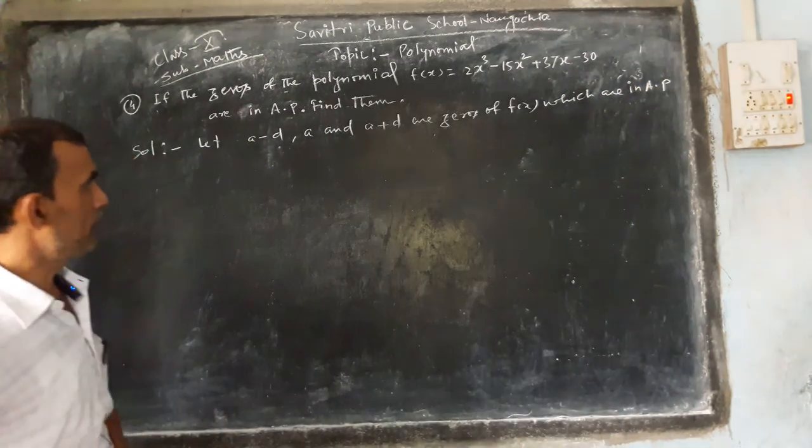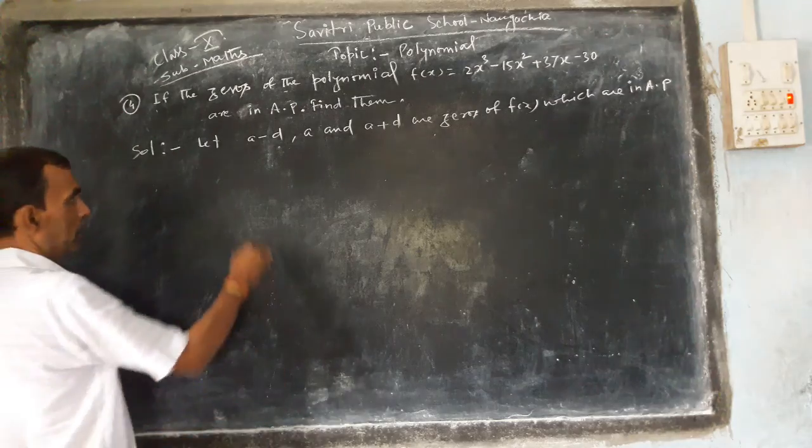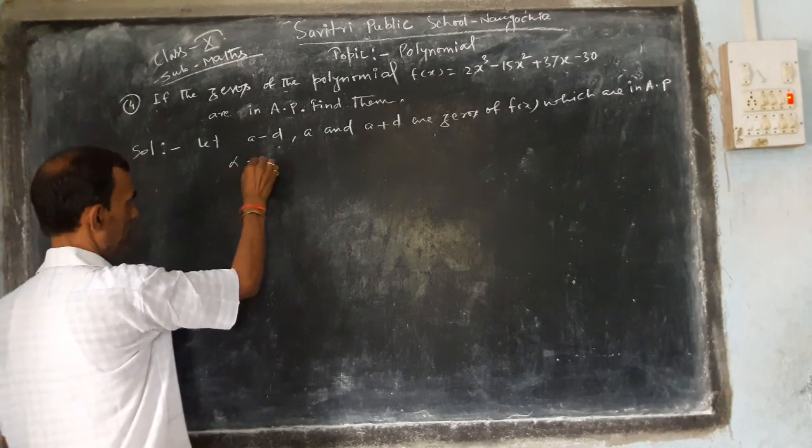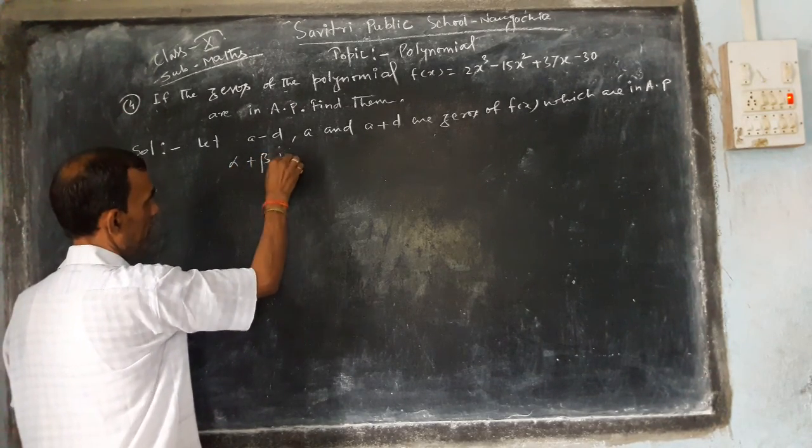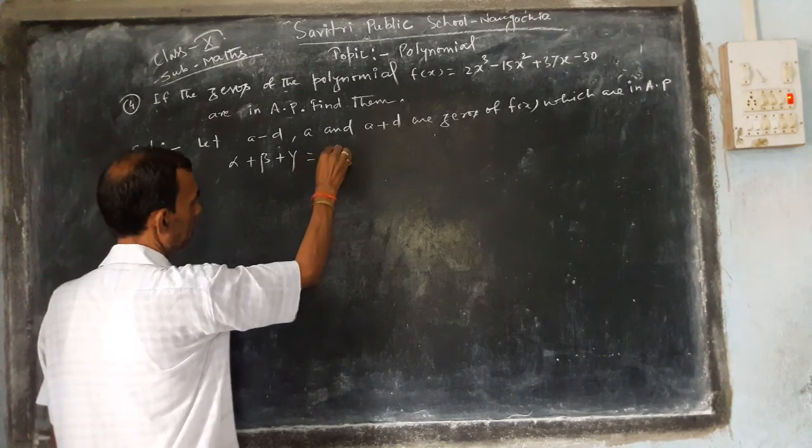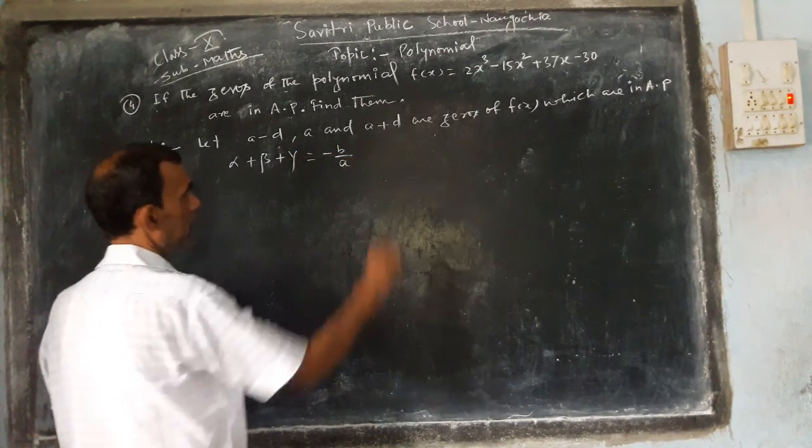Then α + β + γ, the sum of zeros, equals −b/a.